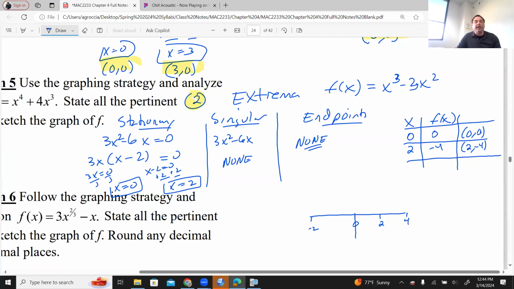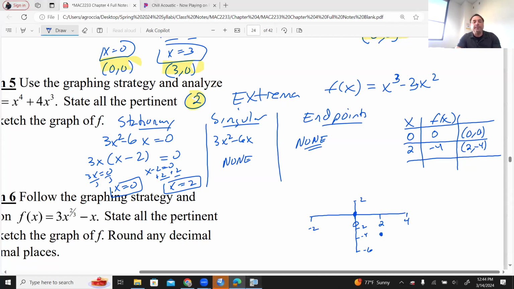So maybe go down to what? Maybe -5, -6. I'm going to keep it so I can count by twos. And then maybe go at least up to 2 just to see what's going on there, right? And again, there's not a perfect answer. You know you're correct if you can see (0, 0), which we can, and (2, -4), which is what we can. Those are the two places we want to see.